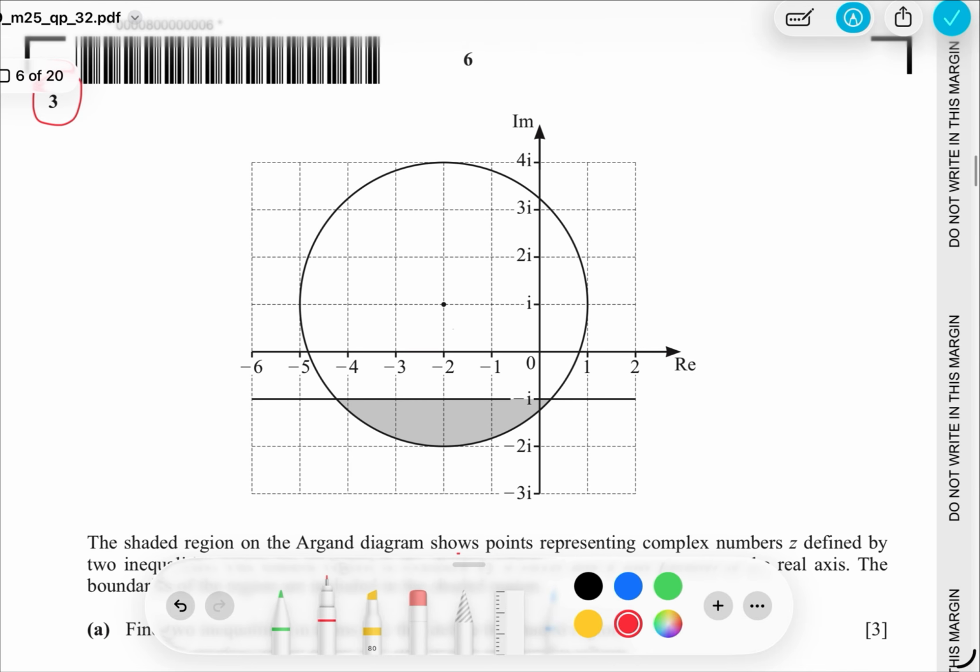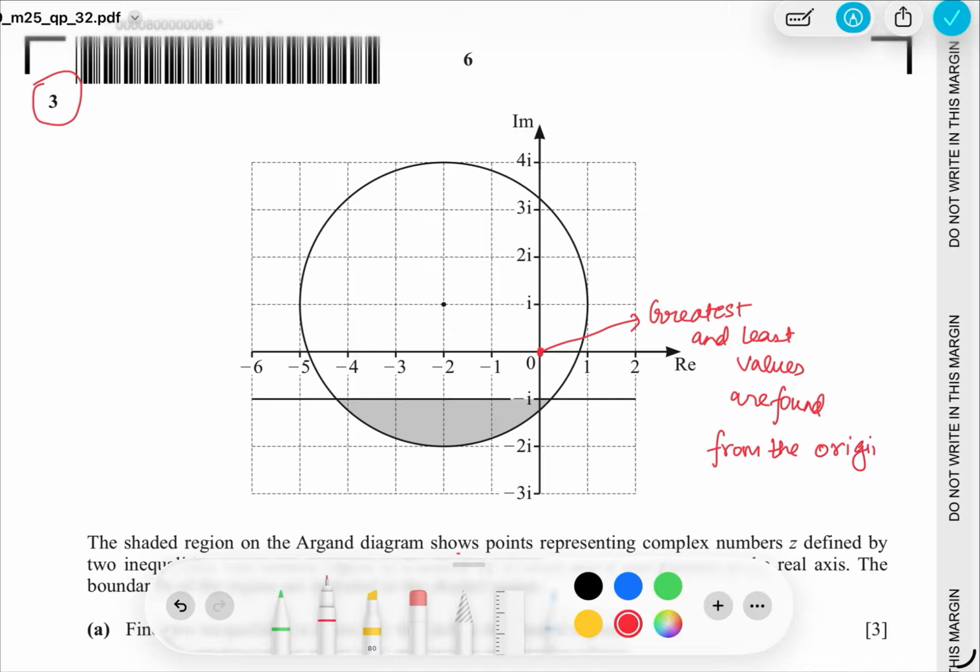First of all, repeat after me: the greatest and least values are found from the origin. Yes or no? Just tell me this. Yes, sir.